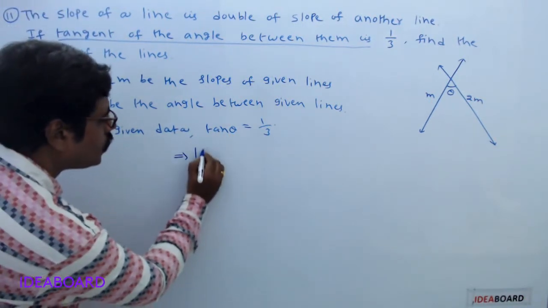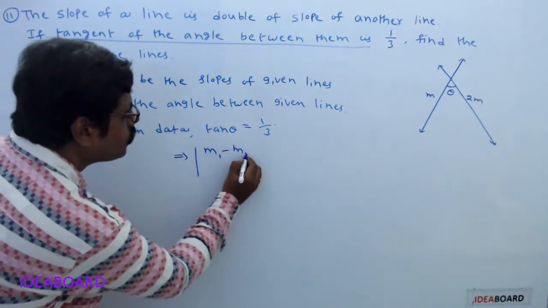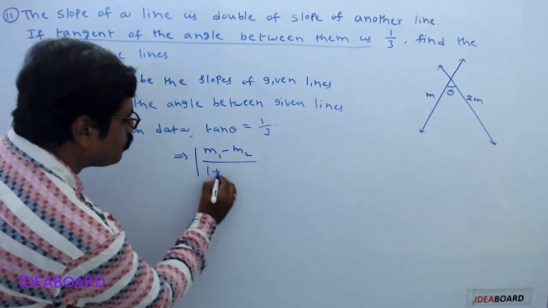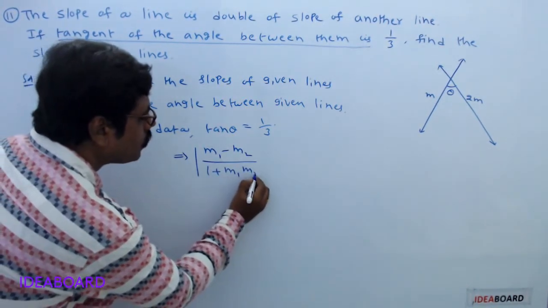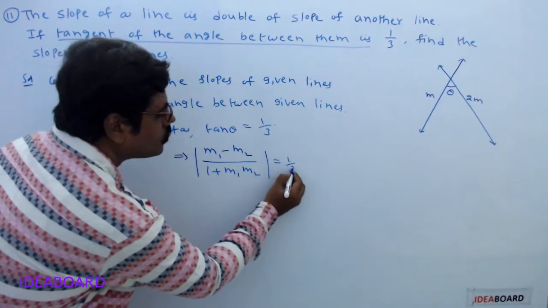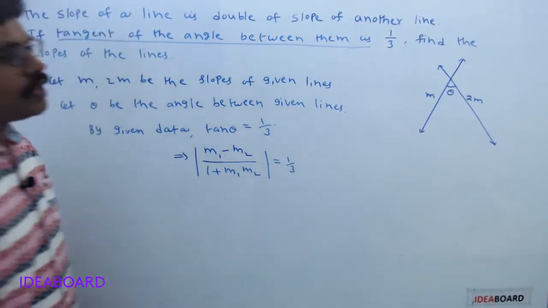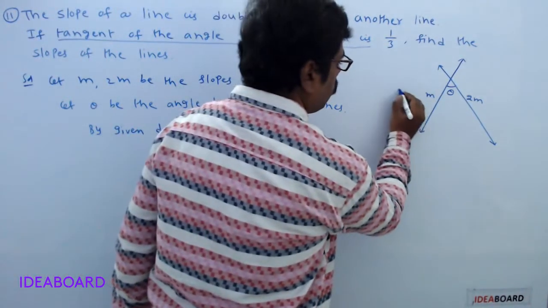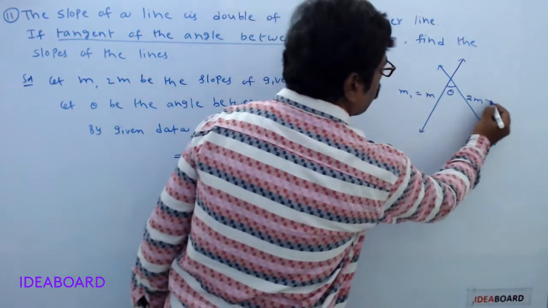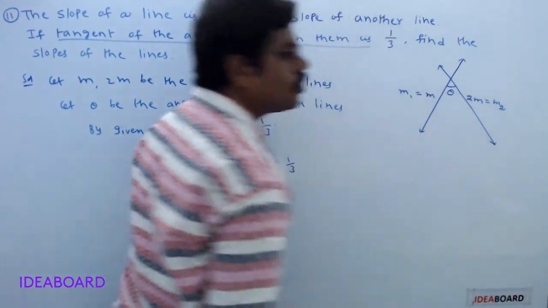So tan theta is modulus of m1 minus m2 divided by 1 plus m1 m2 equals 1 divided by 3. Now consider m1 equals m and m2 equals 2m.